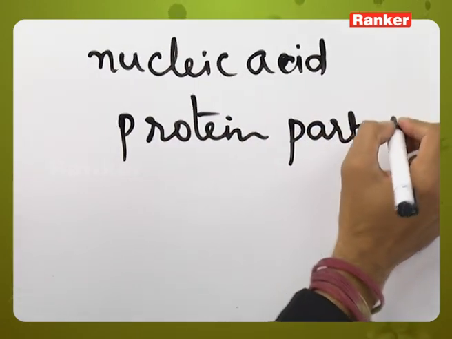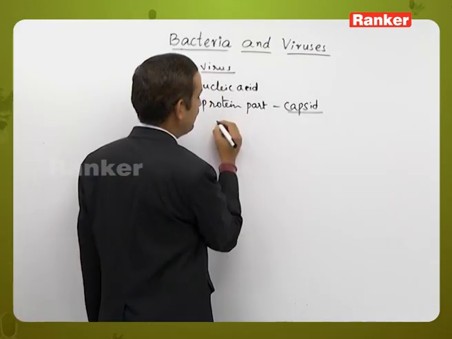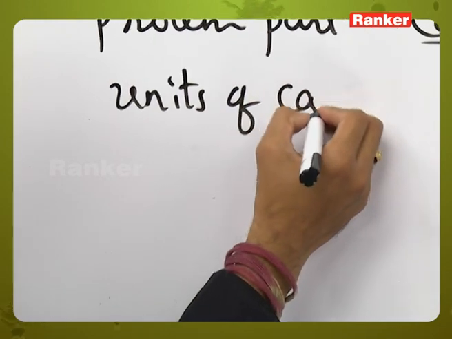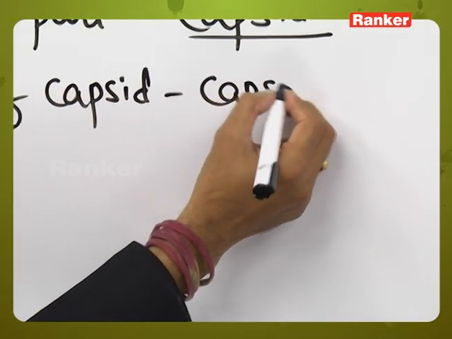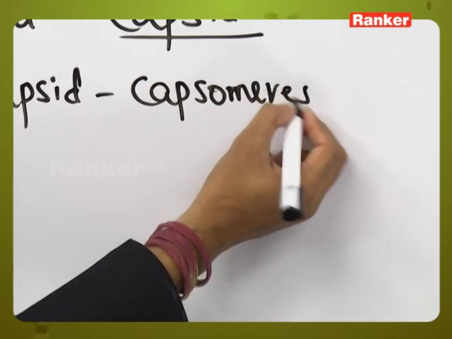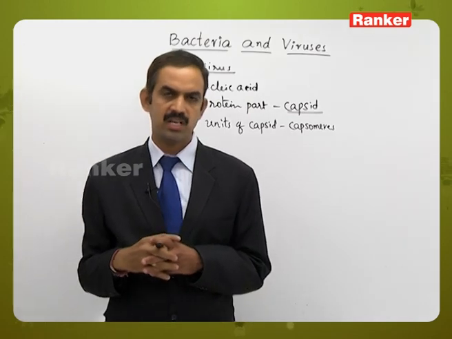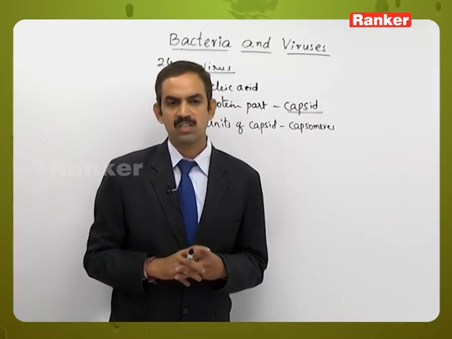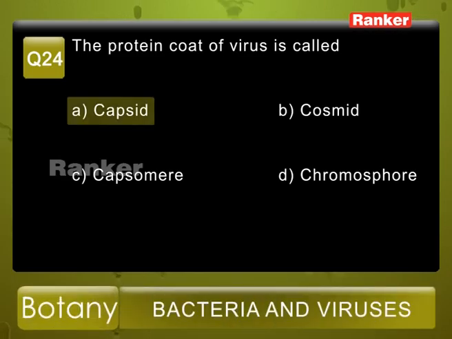The protein part is called the capsid, and the individual units of the capsid are called capsomeres. The protein part acts as a protective sheath around the central core of nucleic acid. So the protein coat of viruses is called the capsid. So from the given options, option A is the correct answer.